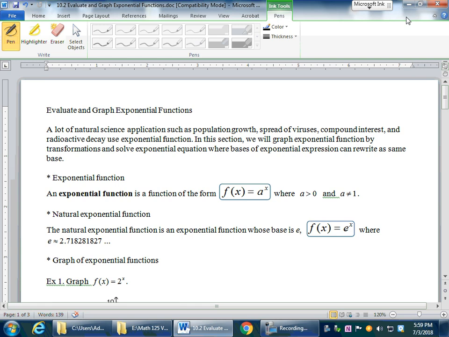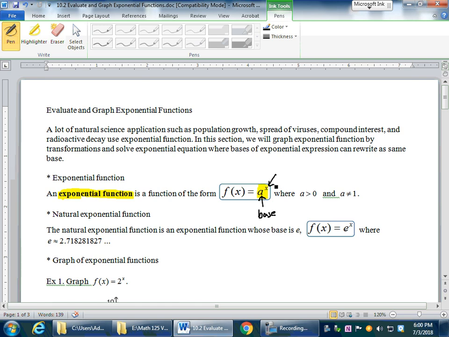So, what are exponential functions? Exponential functions are basically functions in this format, a to the x power. In exponential functions, the base a is a fixed number, and the exponent is the one that varies.